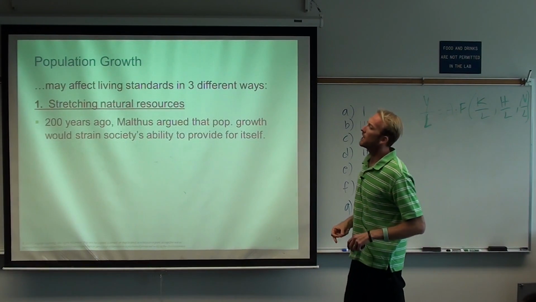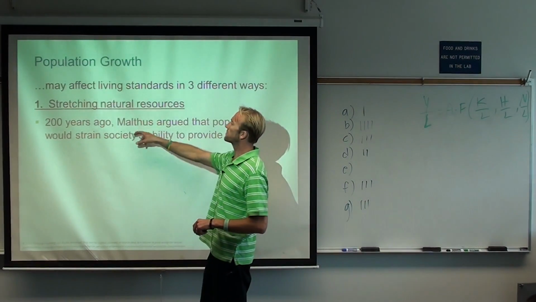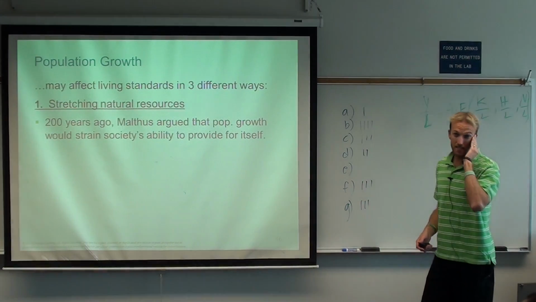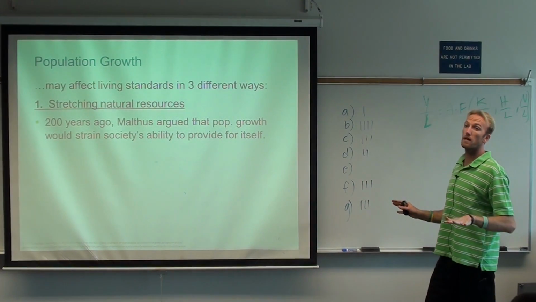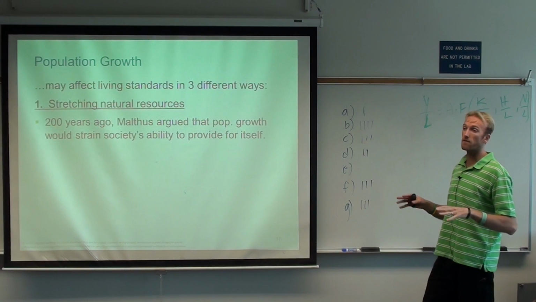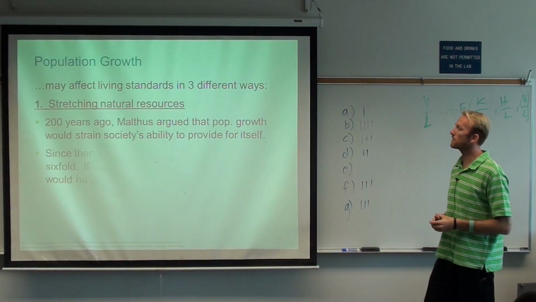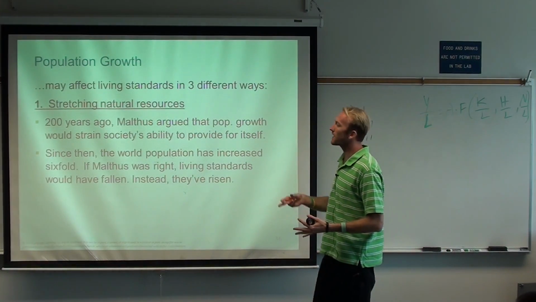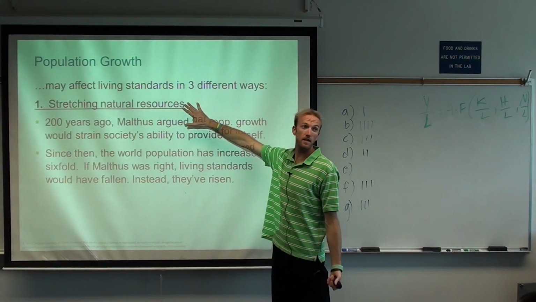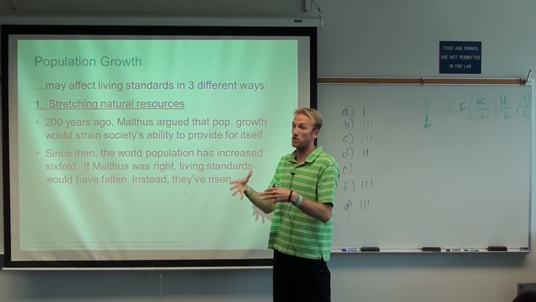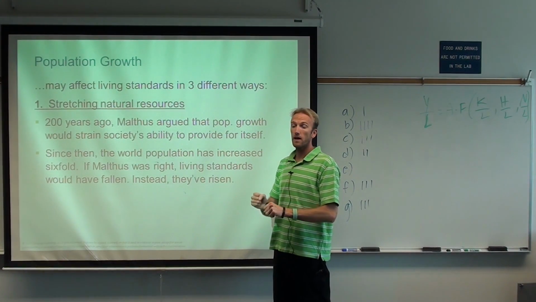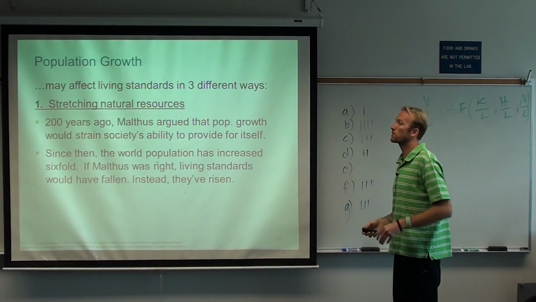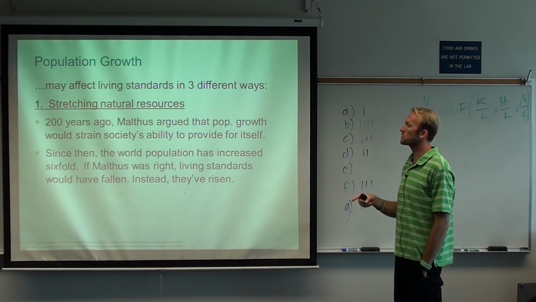There was actually a philosopher named Thomas Malthus 200 years ago. He said basically that soon we're going to run out of room on the earth. We're going to eat ourselves out of our home, and we're not going to be able to survive anymore. His prediction was not entirely true, but he has maybe a decent idea, right? There's only so much natural resources on Earth, and if we keep having more population, we're going to run out of the natural resources.